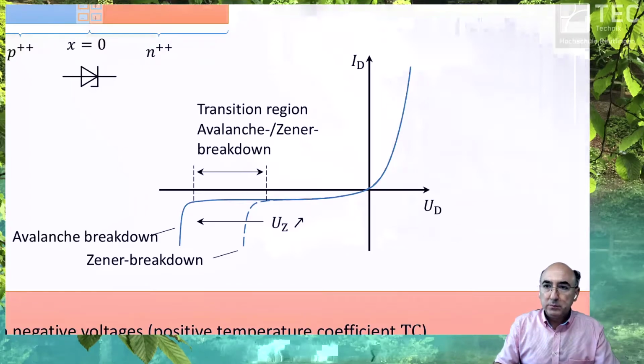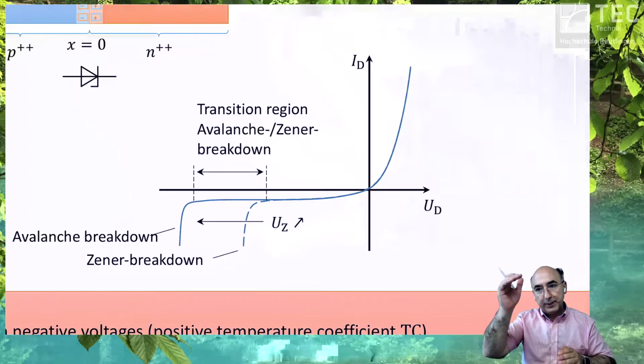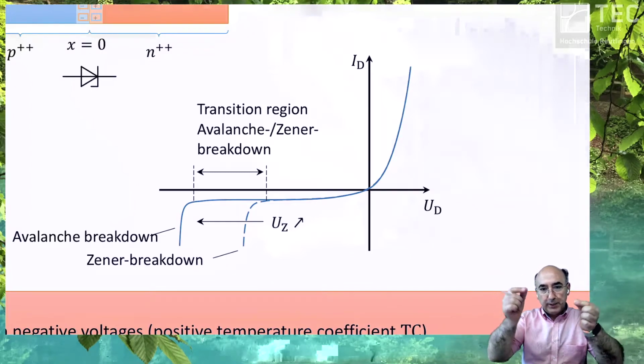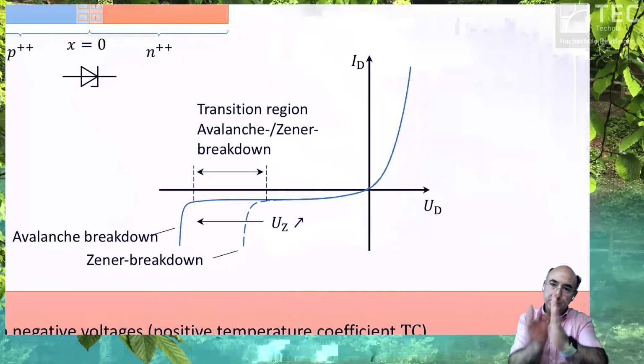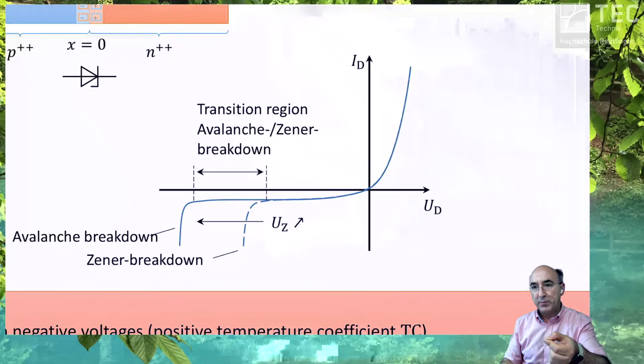Up to now, we have learned that if you reverse bias, then you calculate the electrical field. The maximum point is at the center, at the junction. And if you reach the critical electrical field, then your diode breaks down.